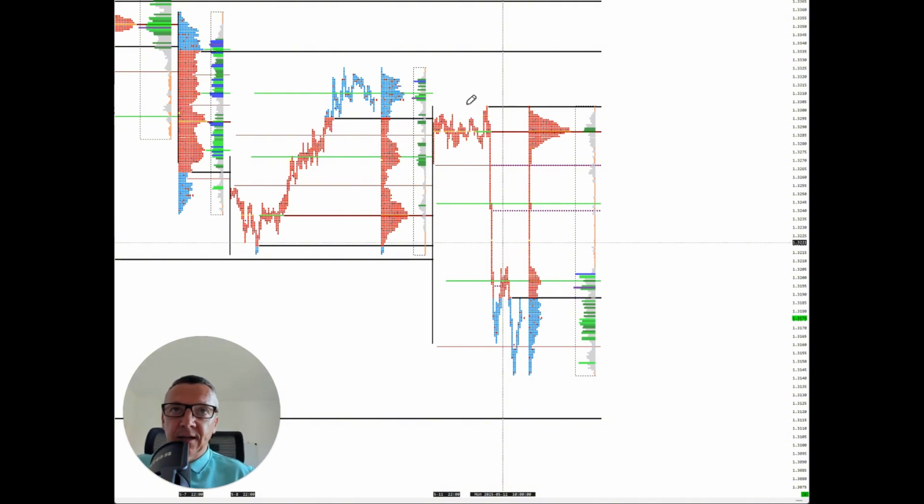All we do, in effect, is wait for price to come to this value area high here. When I got up this morning, it was around about here. I get up around 5:15, and we can see several attempts trying to break out of this value area.